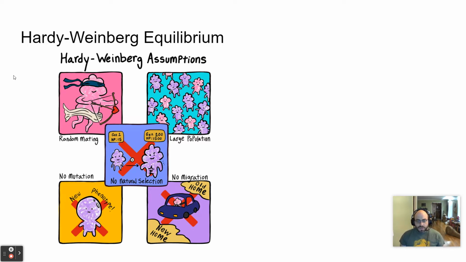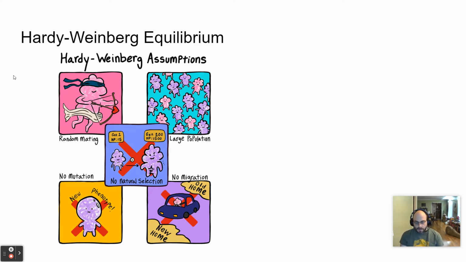These conditions, as you can guess, are rarely met because the environments change, populations change, but they provide what we would call a null hypothesis, a starting point. Essentially, if change is occurring, then we know that these conditions aren't being met, that one of these is happening. And so then how do we measure change in a population?